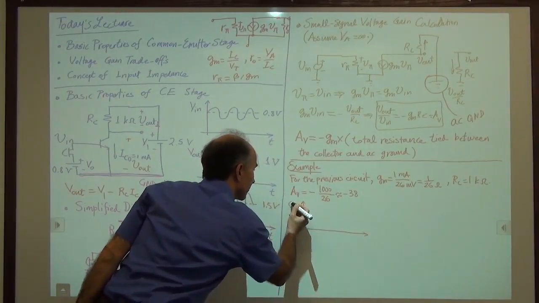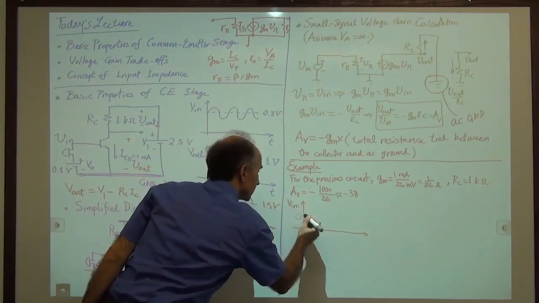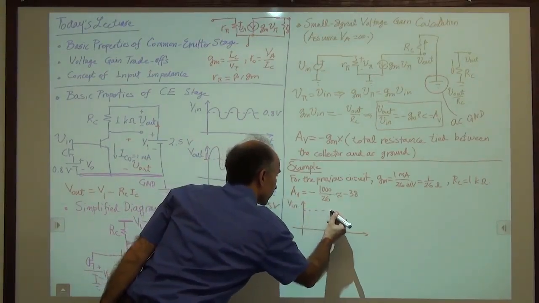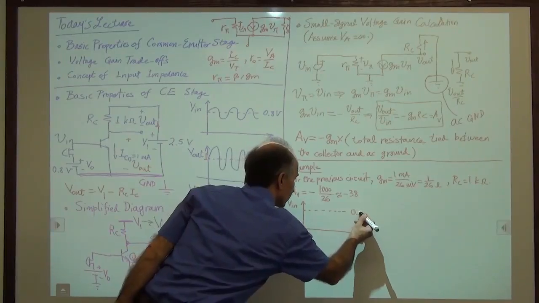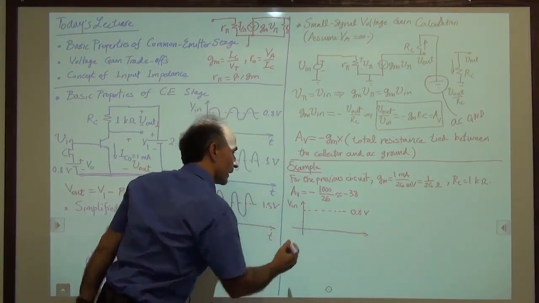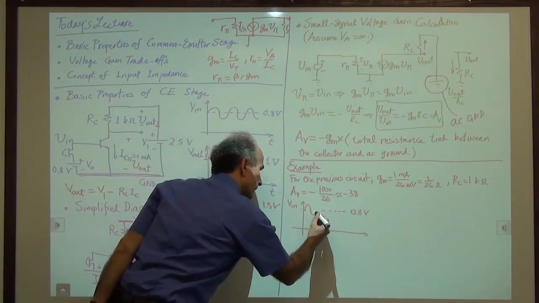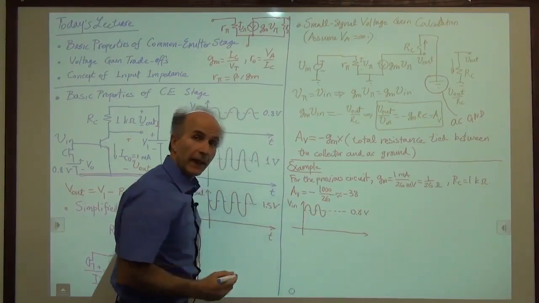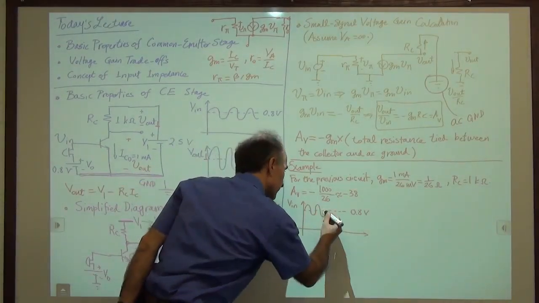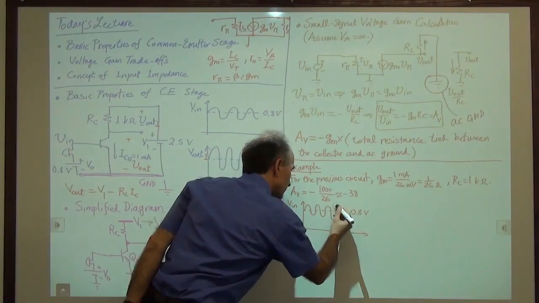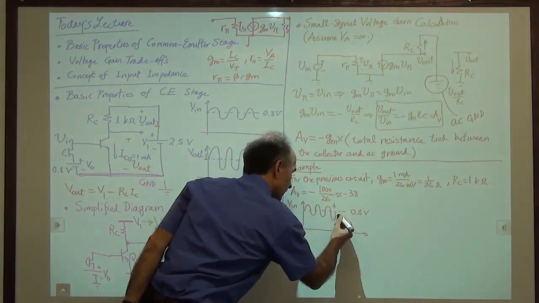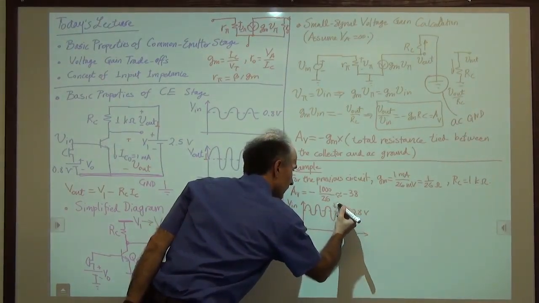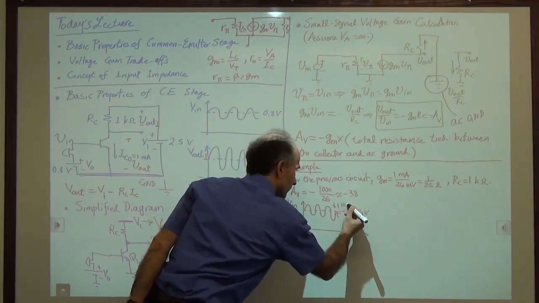We have V in with a bias value of 0.8 volts. And I'm assuming that the microphone signal has a peak amplitude of 1 millivolt. So peak, meaning right here, this peak is 1 millivolt.